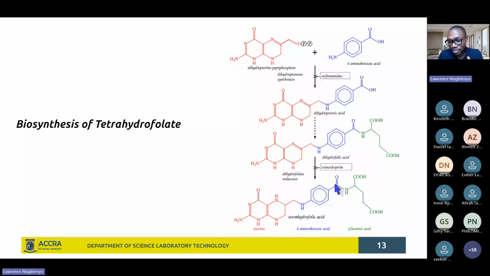And how is tetrahydrofolate synthesized? So tetrahydrofolate is synthesized, represented here in three simple reactions. See, the arrows are three simple reactions where you have a dihydropterin pyrophosphate and 4-aminobenzoic acid.